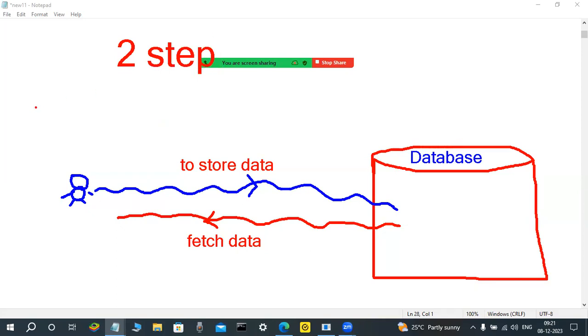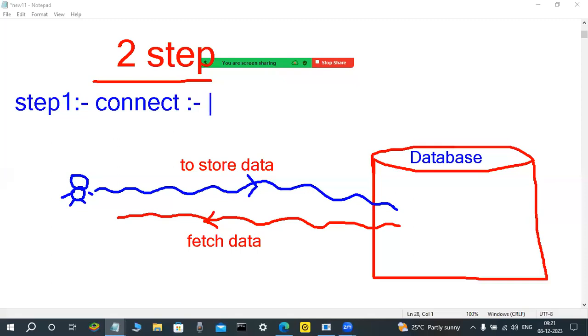What is that two-step process? Observe it here. Step one, don't write it, just observe. Step one is Connect. In this connect step, one tool is used. For example, SQL Plus is a tool.